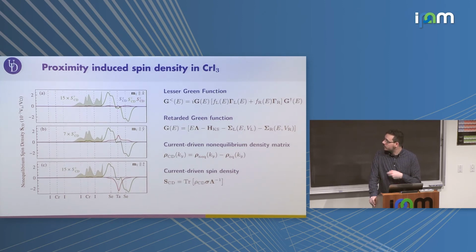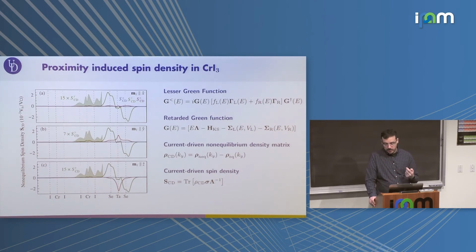Regarding details of this simulation, actually this was done by my colleague Kapil Devdoli. So this is a DFT simulation. We get the Hamiltonian from ATK from DFT, and also these self-energy matrices. We compute the retarded Green function for the entire system. From the retarded Green function, we compute the lesser Green function.